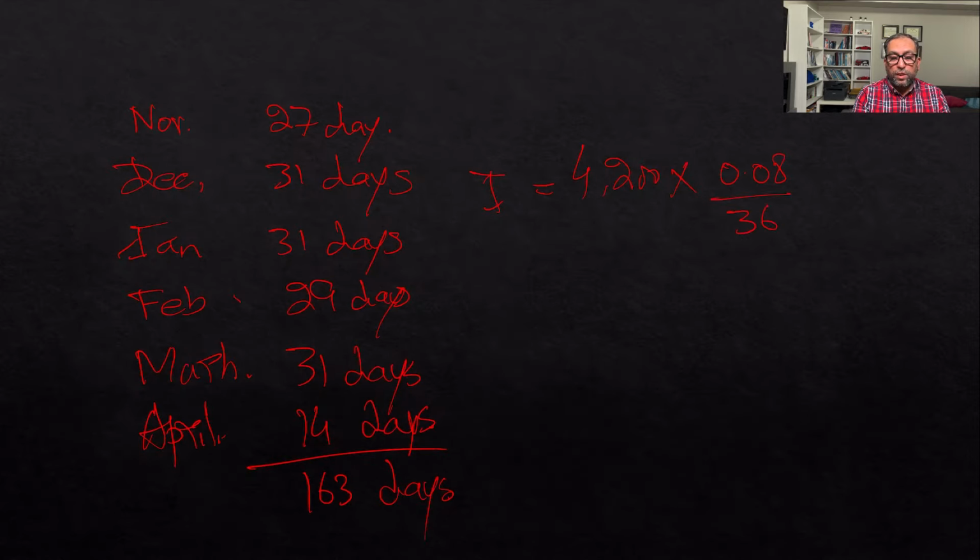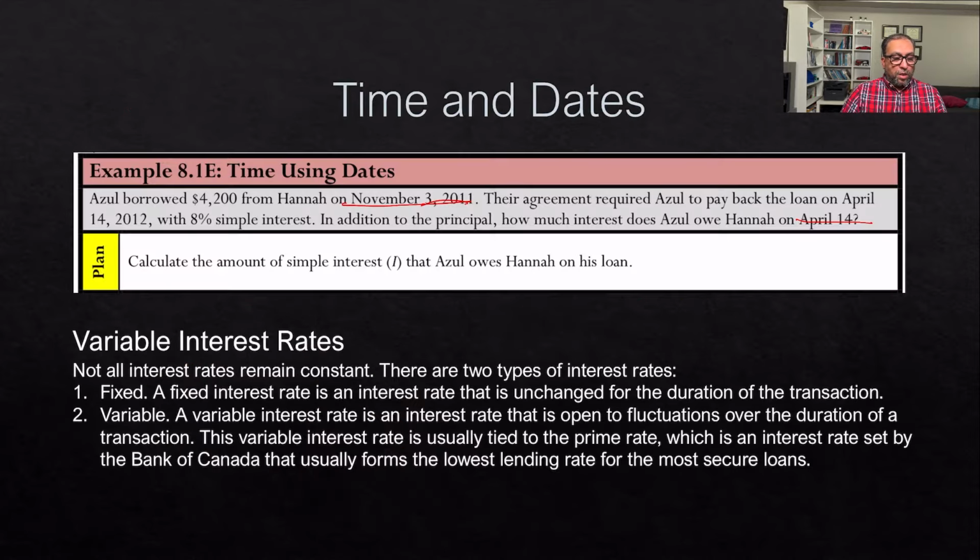We divide it by 365. Why are we dividing by 365? Because we want to know the per day interest rate so that we can multiply it with the 163 days, and we get it this way. The amount is 150.50. So this is our interest.